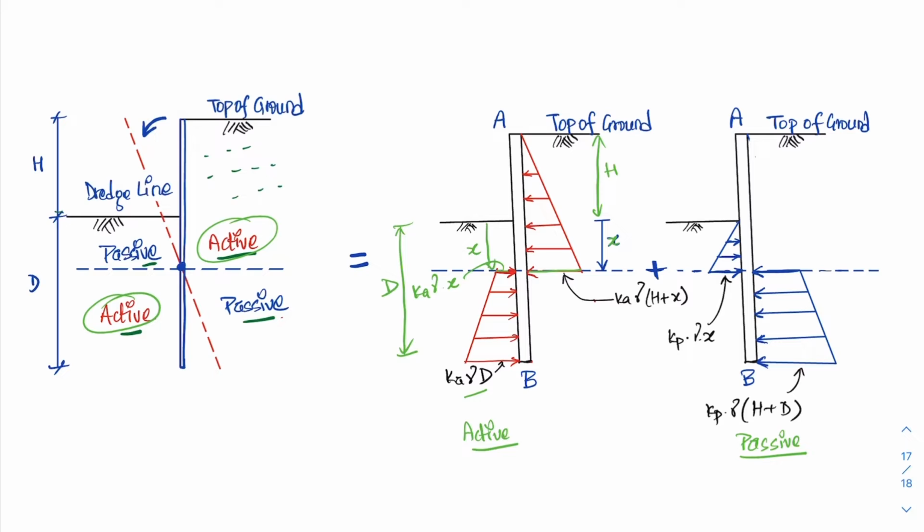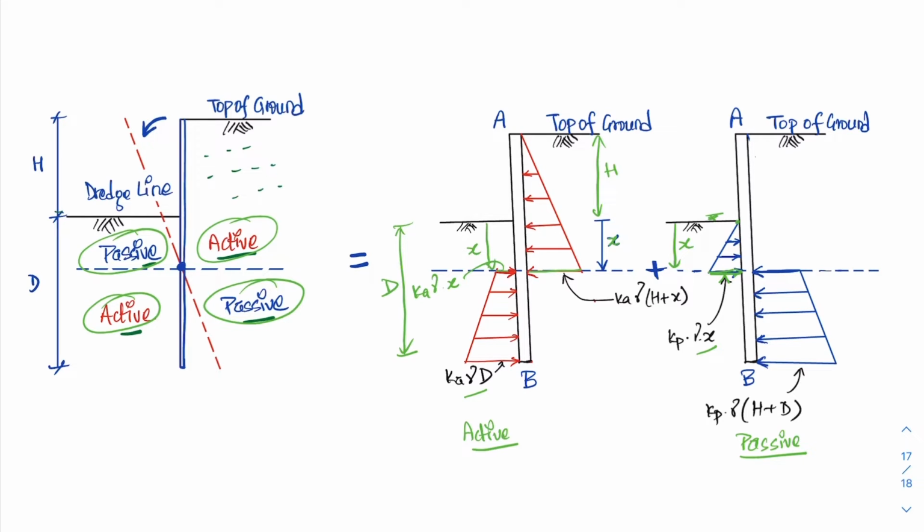Let's take a look at the passive pressure distribution on this right side. If you look, the passive pressure is at this corner and right here. This is at a depth of x, and the intensity at this depth is Kp gamma x, because it's a passive pressure, and it will start from 0 because this is the ground surface right here.